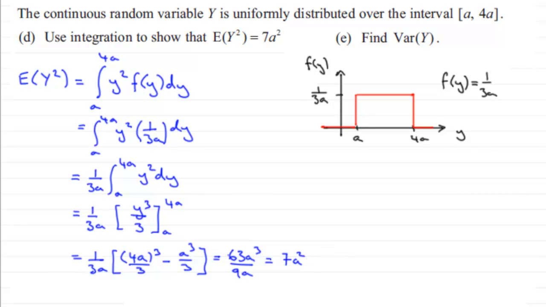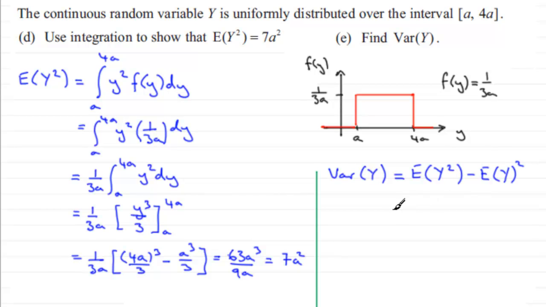Now, when it comes to the next part, we've got to find the variance of Y. To do that, we should be familiar with the concept that the variance of any continuous random variable is always equal to E of the random variable, in this case Y, squared, minus the mean, E of Y in other words, all squared.